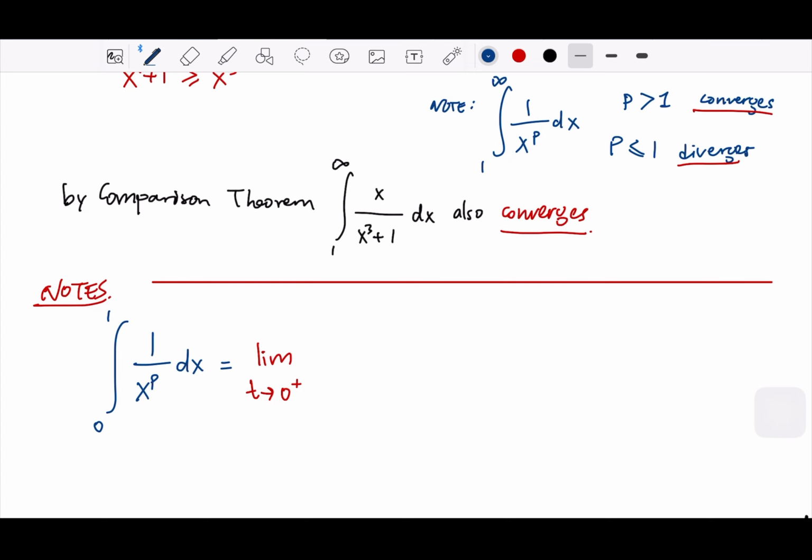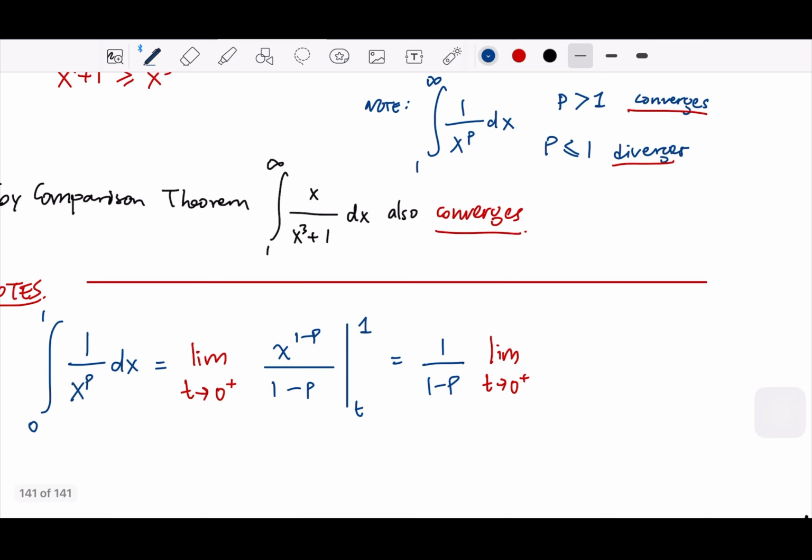And then I will directly integrate this 1 over x to the power of p, similar to what we did yesterday: x to the 1 minus p over 1 minus p. And then plug in t to 1. We are going to have 1 over 1 minus p as a constant, and we still write the limit as t approaches 0, and I plug in 1.